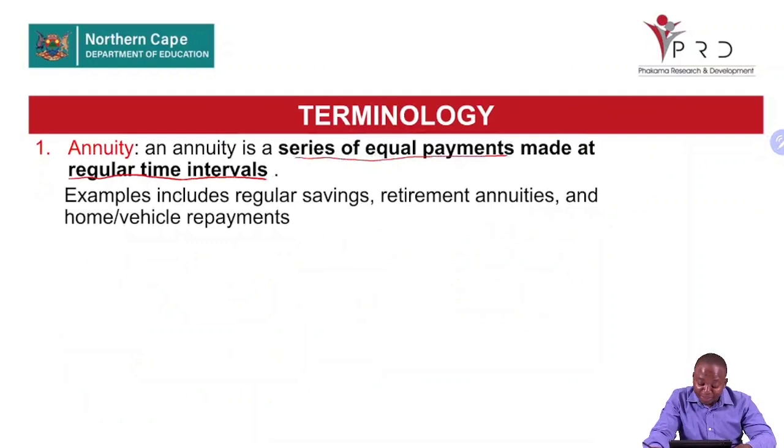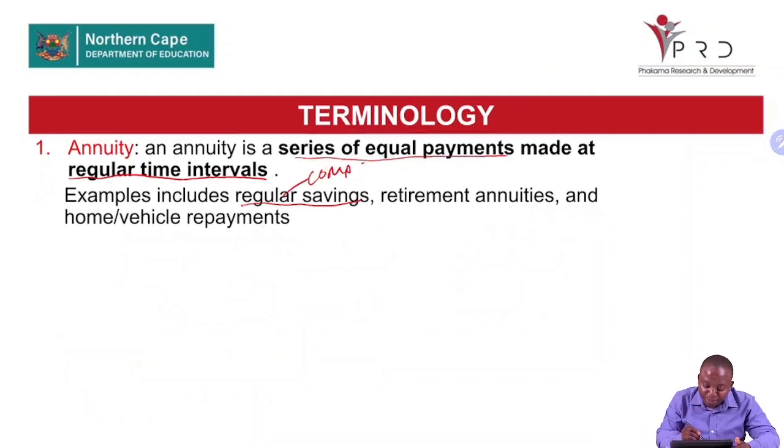Now annuities also involve your loan repayments. Examples include regular savings, say you put in 50 rands per month towards a certain goal, so we are making certain savings regularly. When we say regular, we will look at compounding periods.